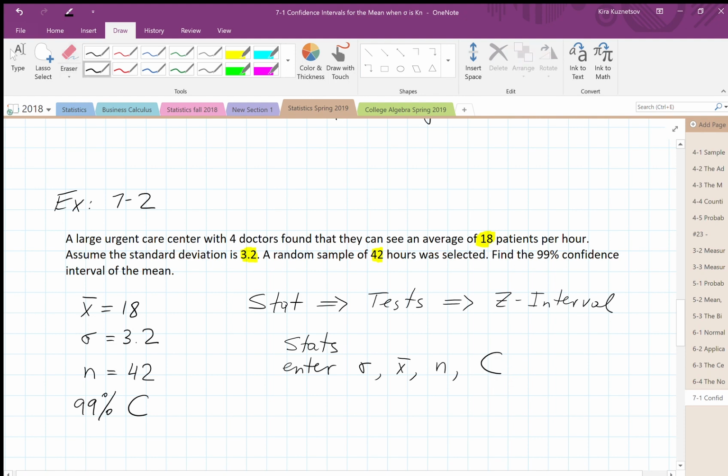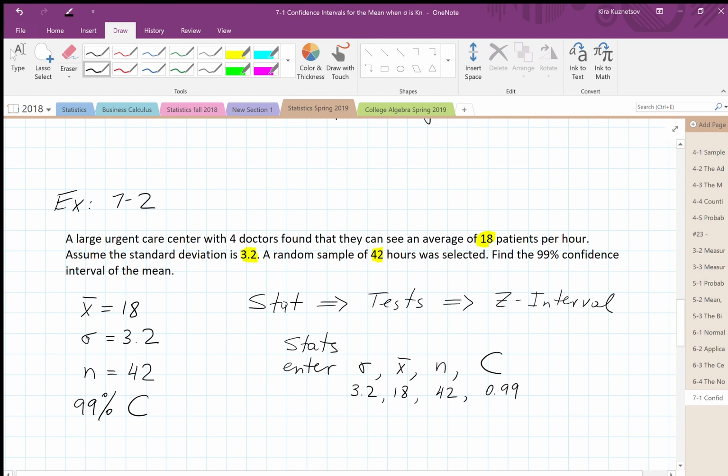So what I'm doing is I'm entering 3.2 right here under sigma. I am entering 18 for the x bar. I'm entering 42 for n, and it's a 99% confidence interval, so I'm entering 0.99 for my confidence.